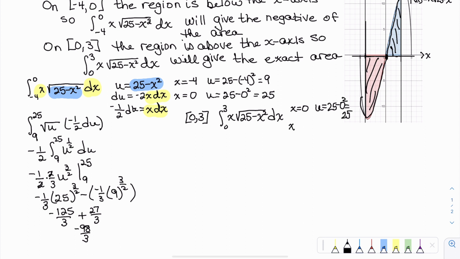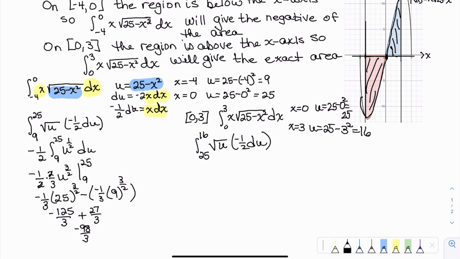And for the x value of 3, u will be 25 minus 3 squared. That's 25 minus 9, which is 16. So here I have the integral from 0's x value going to a u value of 25, and 3's x value going to a u value of 16. And then I have the square root of u times that negative 1/2 du.